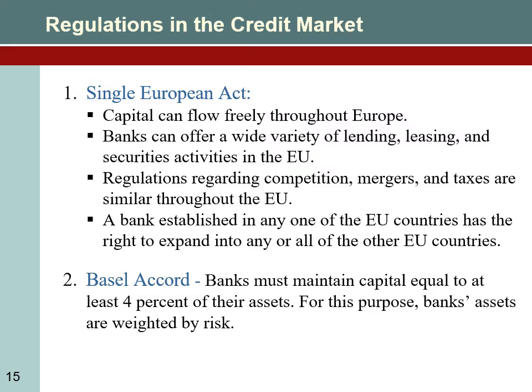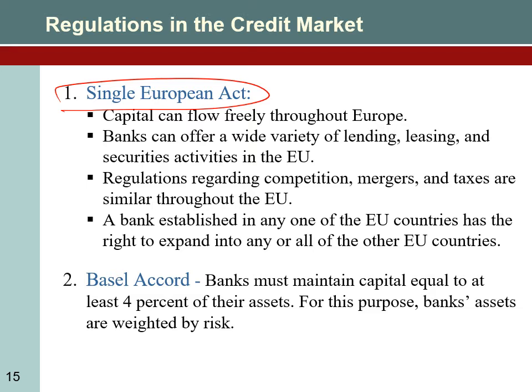And the regulations in the credit market, number one is the Single European Act. Again, the objective here is not to memorize all those different kinds of acts and regulations by heart.